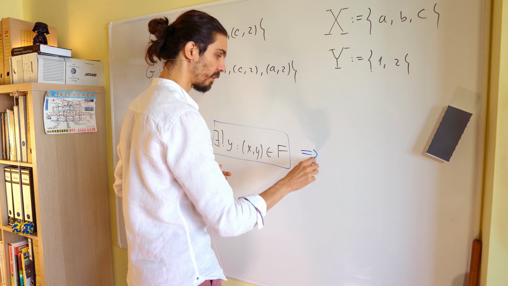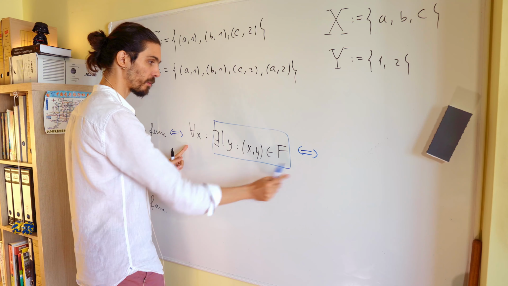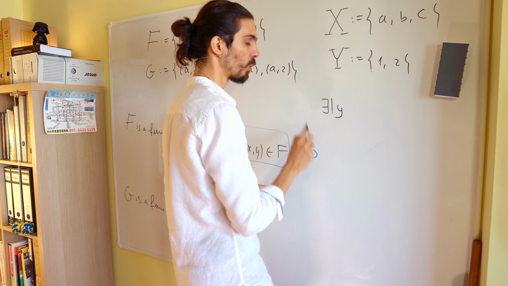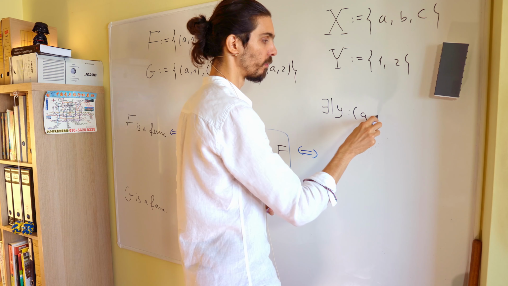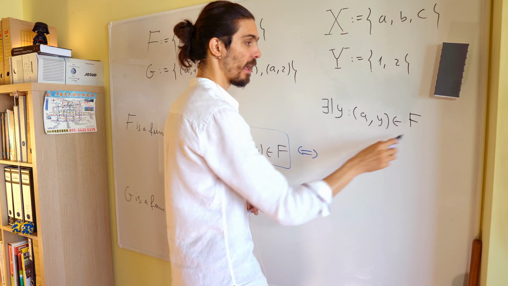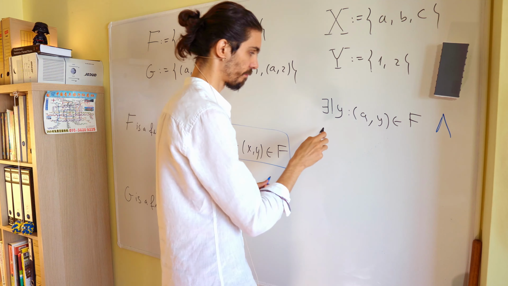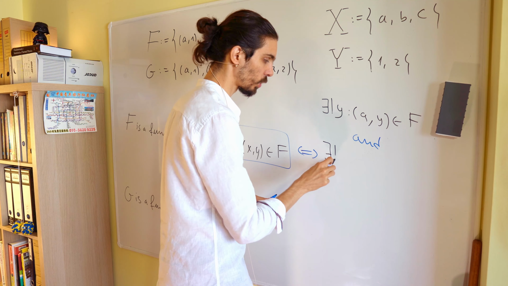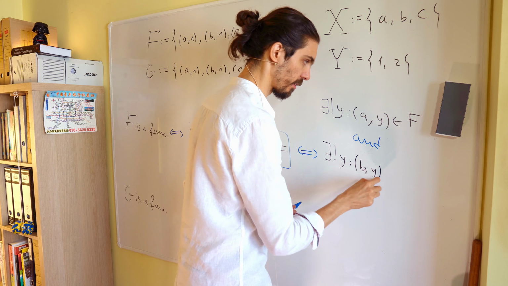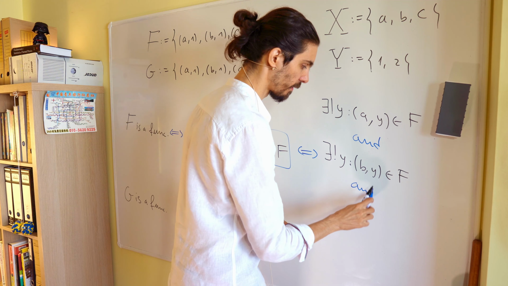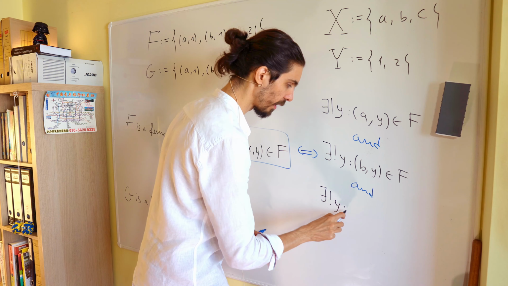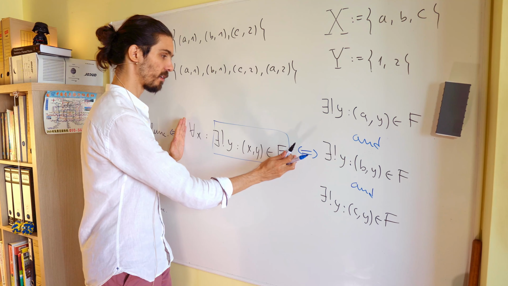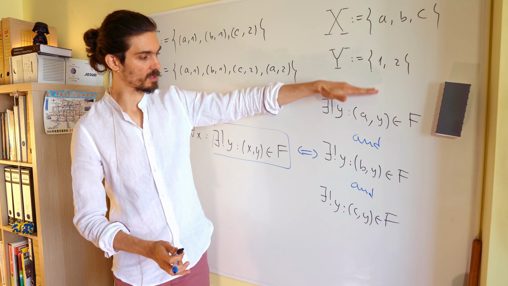Because in turn, this entire statement is equivalent to this: there exists only one y that makes ay in F, and, let me write it like this, maybe it's more intuitive, there exists only one y that makes by in F, and there exists finally only one y that makes cy in F. This is a compact version of this string of ands.